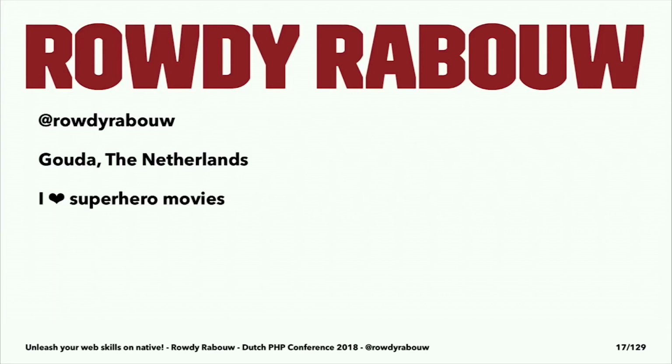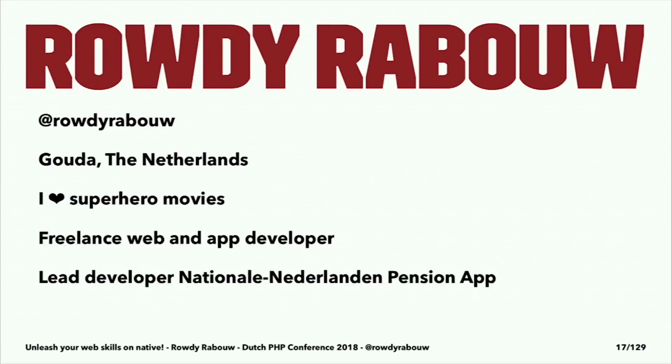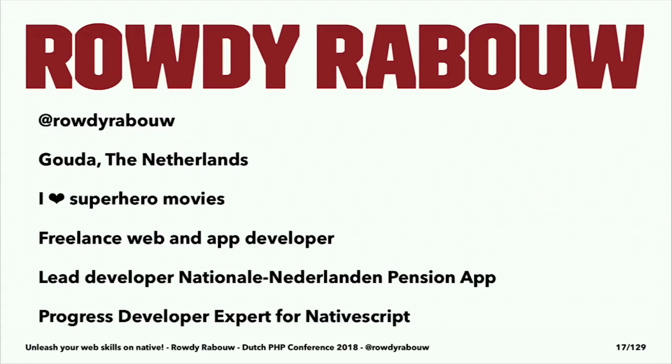You already saw an example of that. I'm a freelance web and app developer. I work for Dutch insurance company Nationale-Nederlanden, where we develop a pension app with NativeScript. And I'm also a Progress developer expert for NativeScript. Progress is the company behind NativeScript. And in that way, I can talk at conferences like this, sharing my experiences and love for NativeScript.